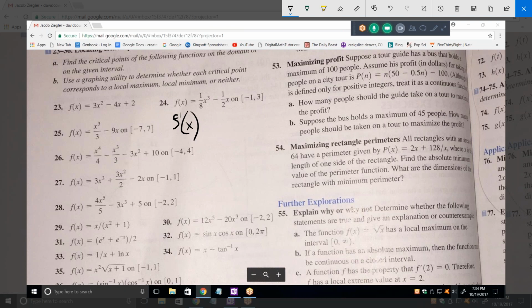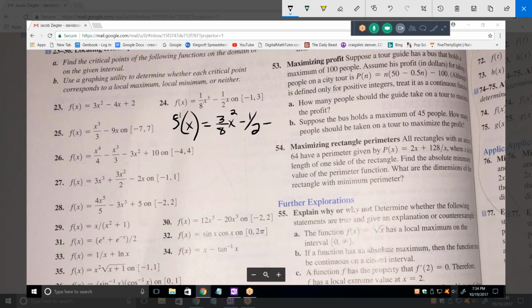Closed intervals, they're never going to be local minimums. It could be absolute minimums. Well, I don't know. Let's take the derivative of that first. What do you get? It would be 3/8 x squared minus 1/2.